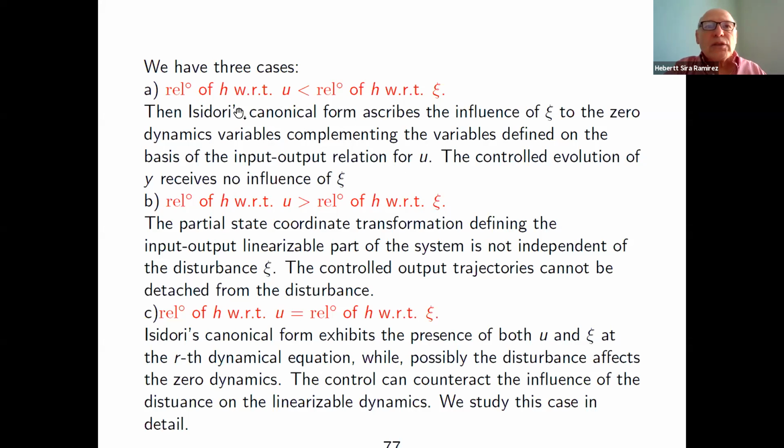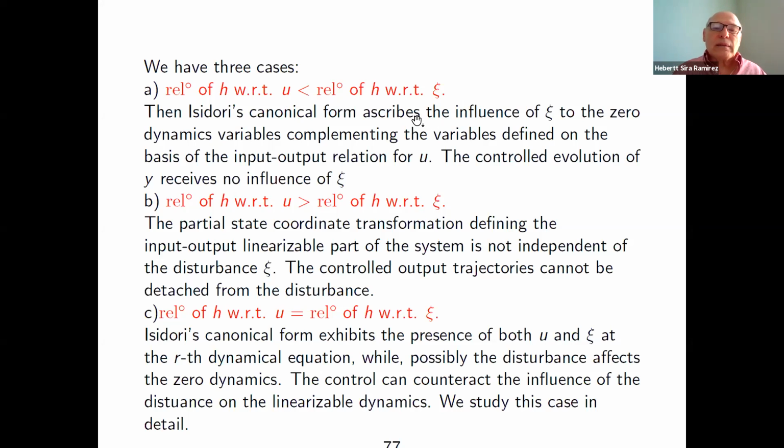So let's analyze the three cases slightly. The first case tells you that when you start taking advances of the output, by the time the input appears, the explicit presence of the disturbance was already there. So if it takes R advances of the output to obtain the explicit presence of the input, in less than R advances the disturbance appears in the expressions of the advances of the output.